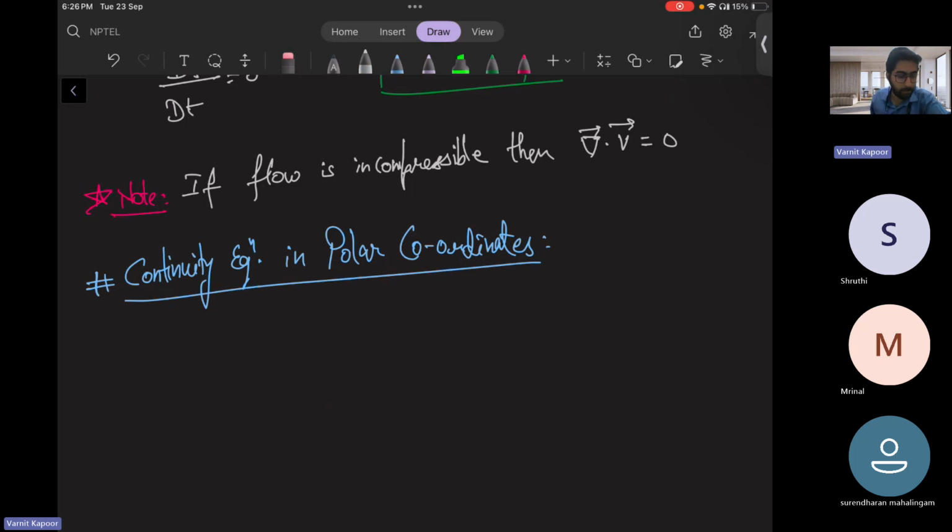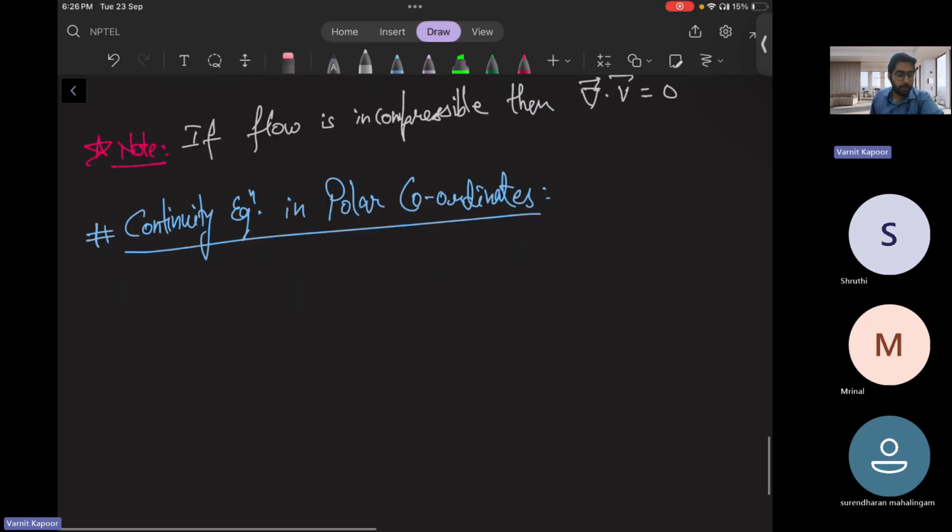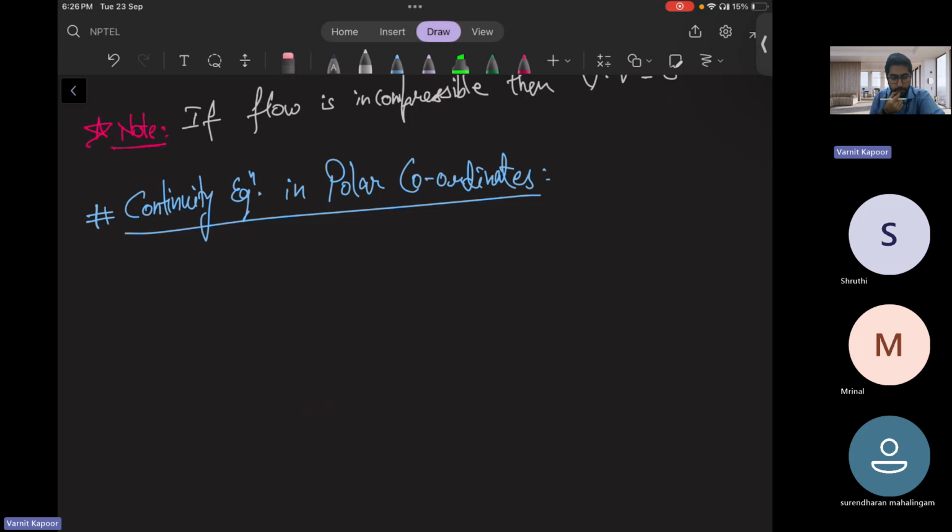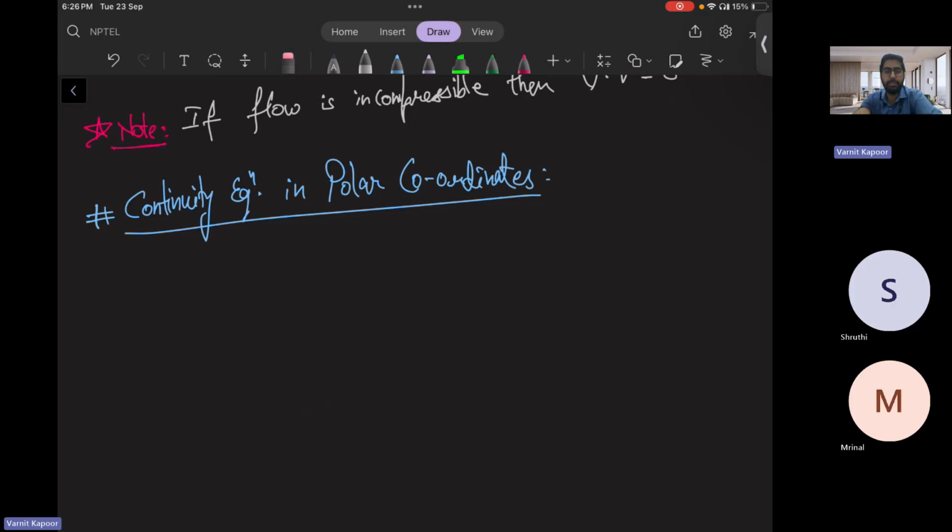Again, the continuity equation says that mass in minus mass out should be equal to mass stored.